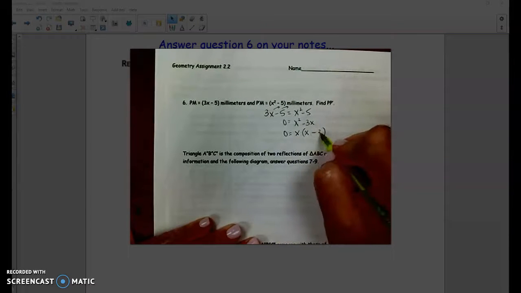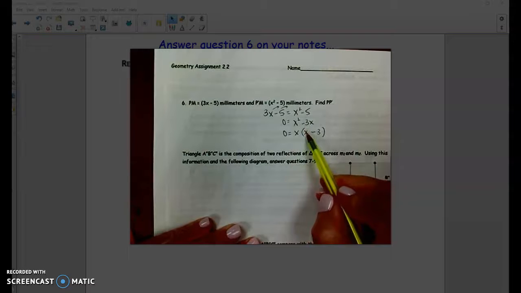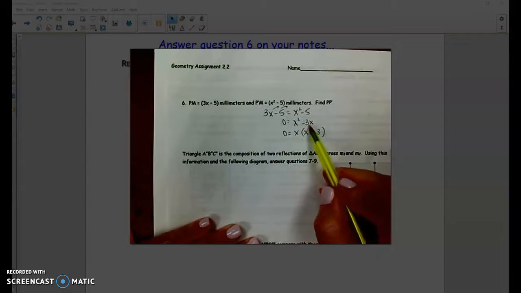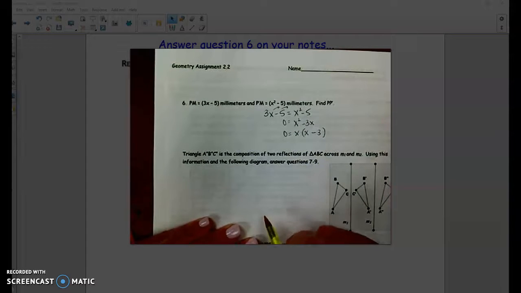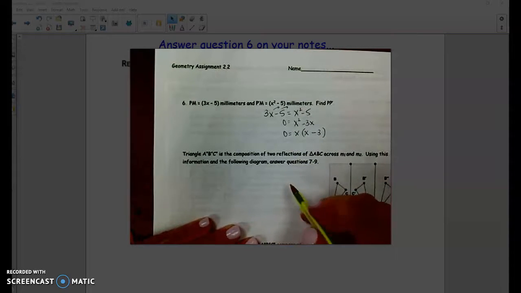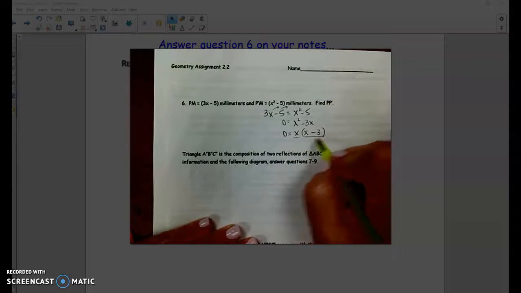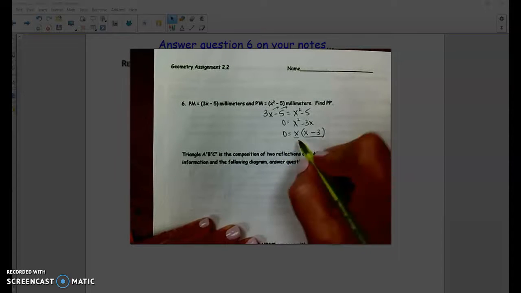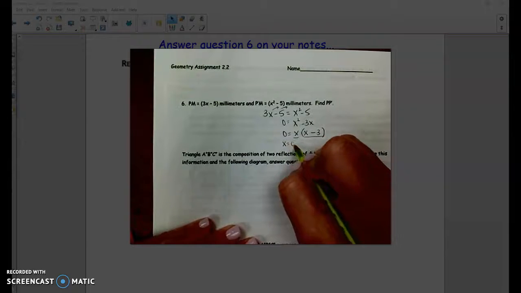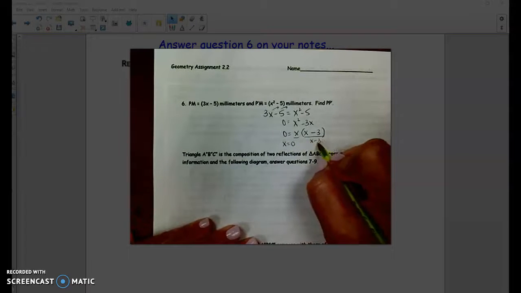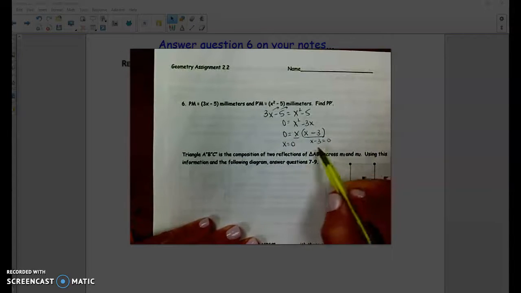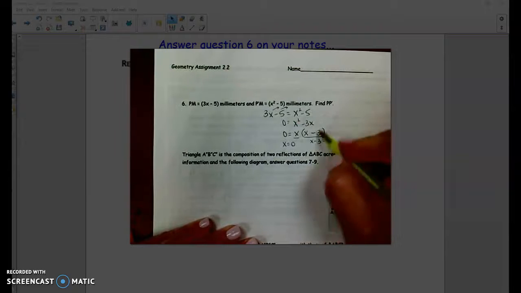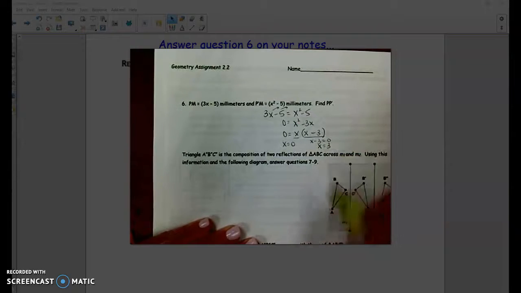This has to be a negative 3. So x times x is x squared. X times negative 3 is negative 3x. I'm still using the 0 product property, which says if these 2 things are multiplying to get 0, then at least one of them has to be 0. So either the x is 0 or the x minus 3 is 0. And if the x minus 3 is 0, I would add 3 to both sides to get x equals 3.